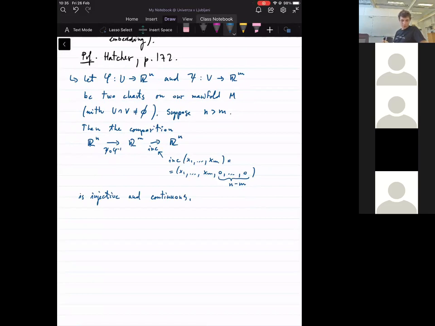So now we utilize the above theorem. By the above theorem, its image is open, right? But now, what is the image of this map?